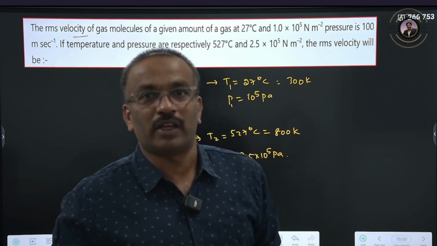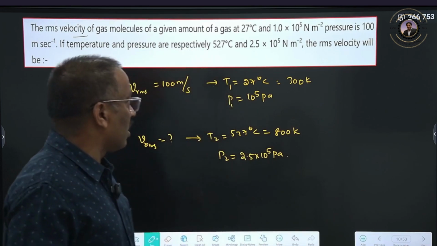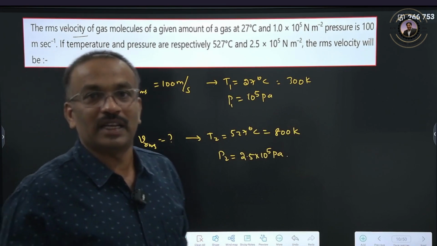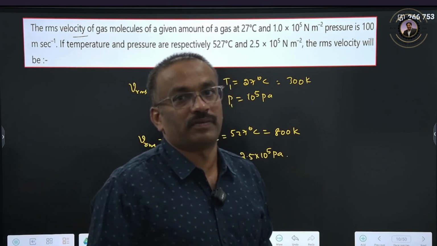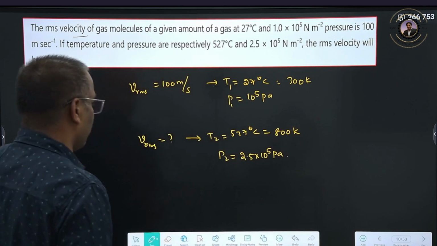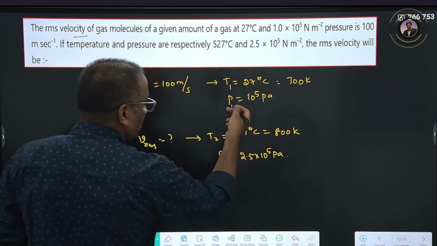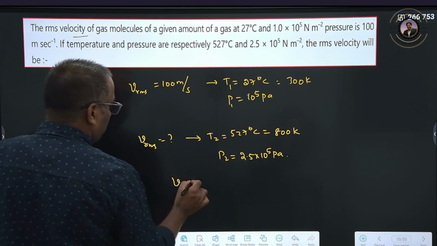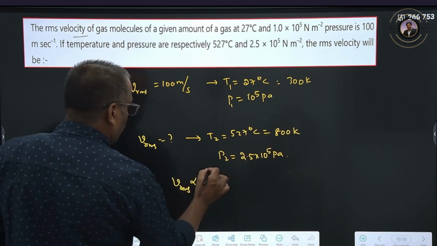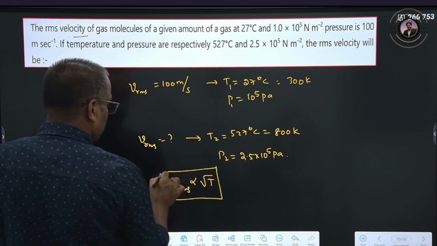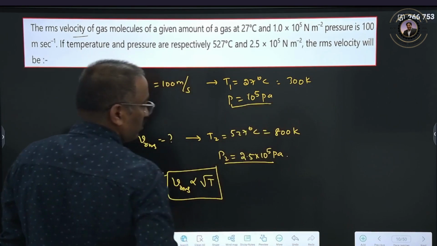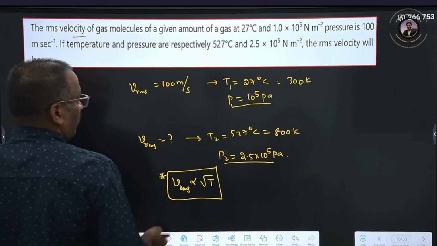One very important point is that RMS speed depends only on the temperature, and is independent of the pressure. RMS speed is directly proportional to root of temperature. The pressures are given only to confuse you.